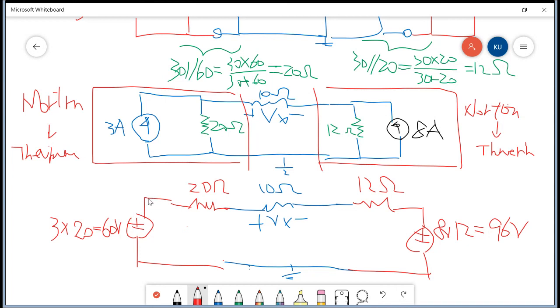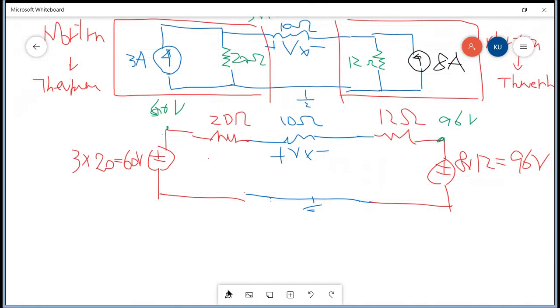So this is 60 volt, and this is 96 volt. So you can imagine that these are three series resistors, and the voltage at this node is higher than the voltage at this node, which means that Vx should be negative.